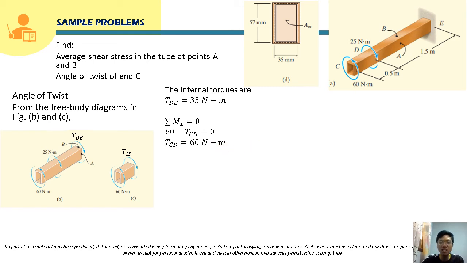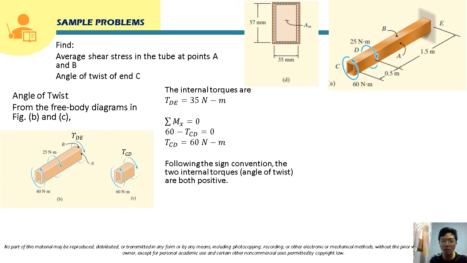Okay, so from these internal torques, we have to follow the sign convention. Since we are going to sum up all the angles of twist, the angle of twist from CD to DE, we are going to apply here the sign convention which we discussed in the introduction of this topic about torsion.